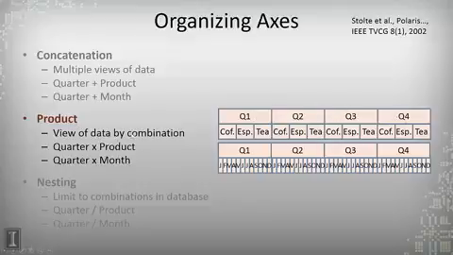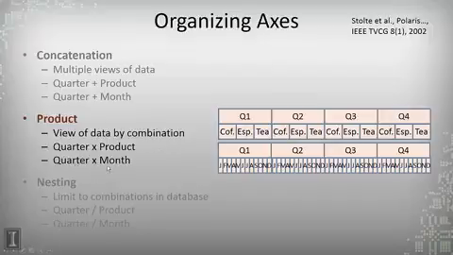And so this product basically gives you every combination of coffee and quarter, so that you can see how your data is performing over time and product simultaneously, with a single axis here representing these two dimensions by looking at all the combinations.